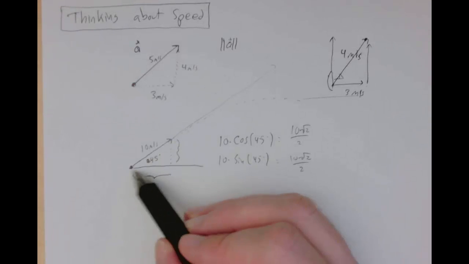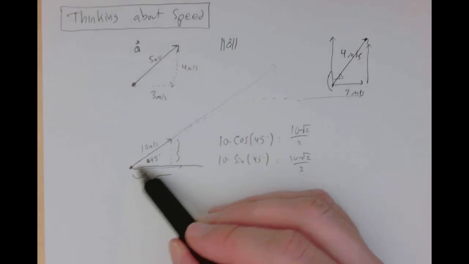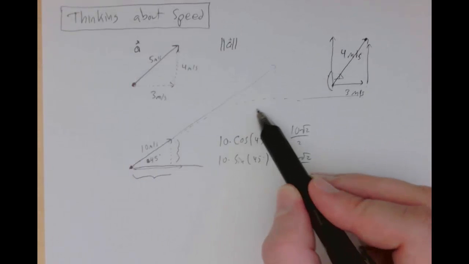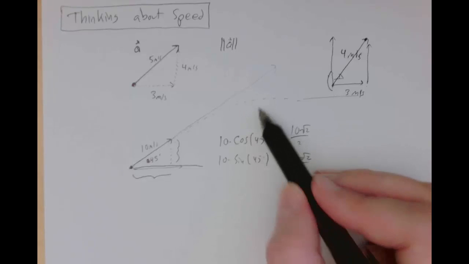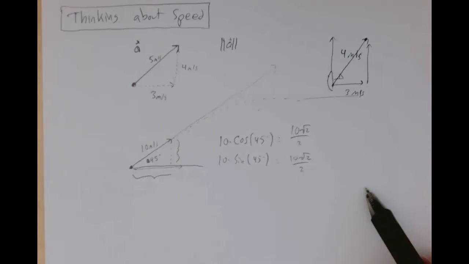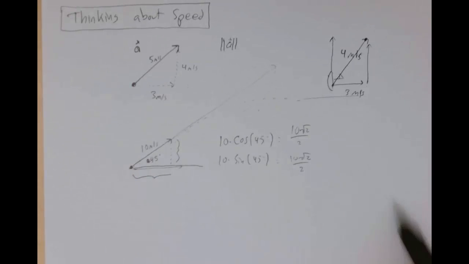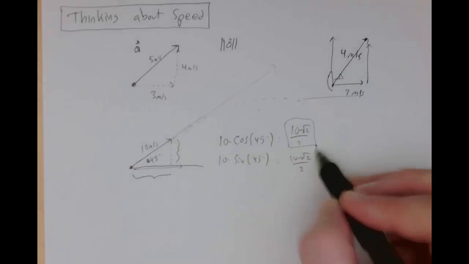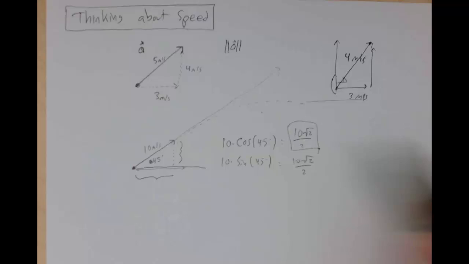So as it moves at a constant horizontal speed, the vertical speed will decrease until at the peak of its trajectory, the vertical speed is 0 because it's not moving up or down. And then the vertical speed will become negative to make it fall back to Earth. But this entire time, as it's going up and down, the horizontal speed is just still the same. So the horizontal speed will never be anything different than this, unless we decide to add other forces like wind resistance.